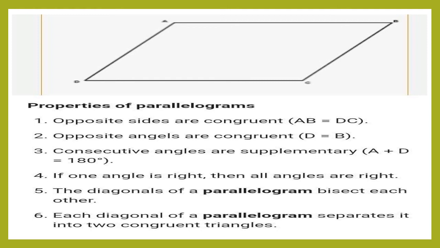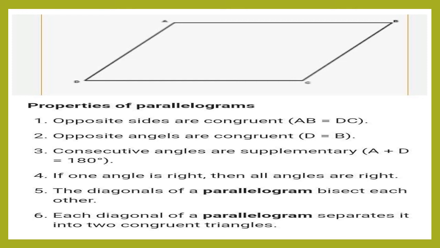Congruent means equal. In a parallelogram, the opposite sides are equal. Then opposite angles are congruent, also equal. Then consecutive angles are supplementary.